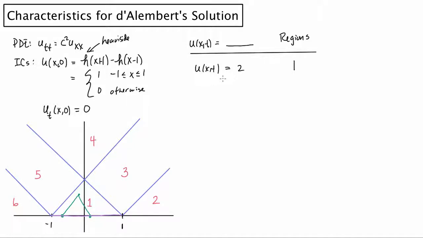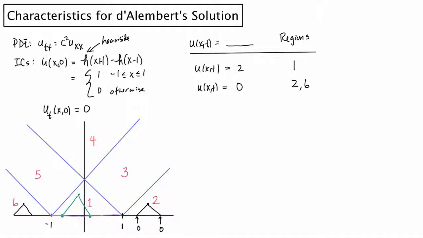All right, what about region 2? Any point in region 2 has characteristics that lie entirely off of the purple line that we start with. So these have value 0. Remember that out here it's 0 to start with, and so the average of 0 is 0. So u of x,t is 0 in region 2, and likewise region 6 has the same issue.